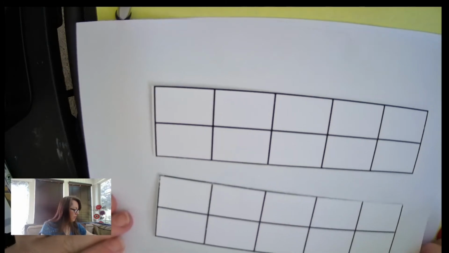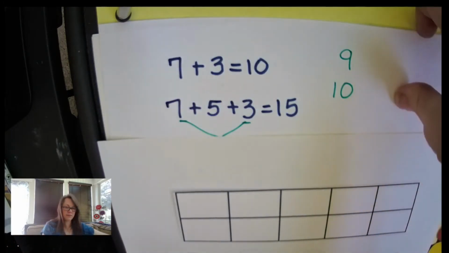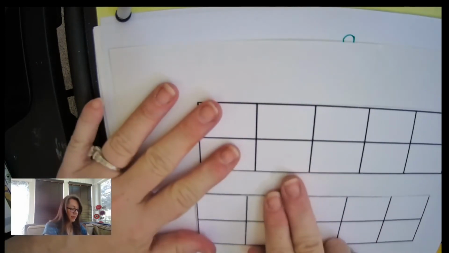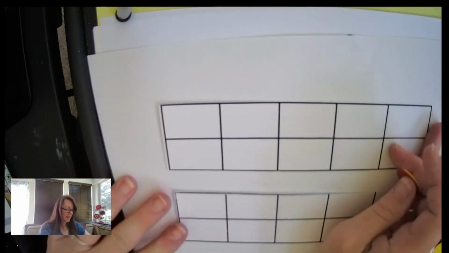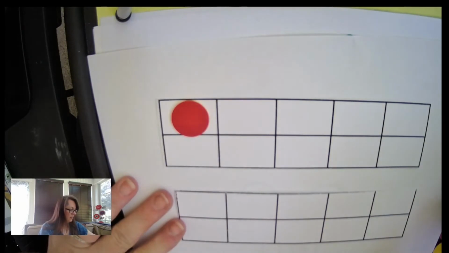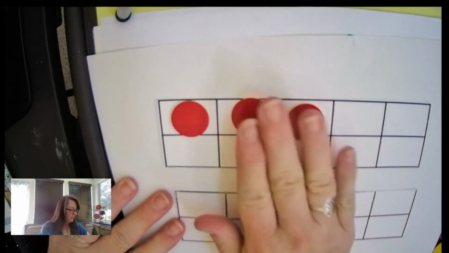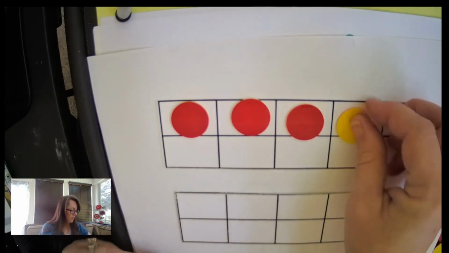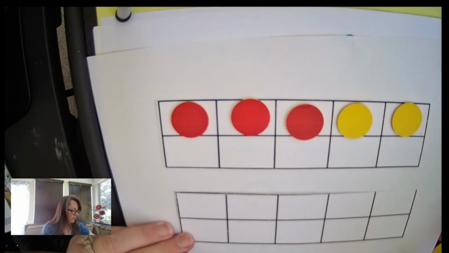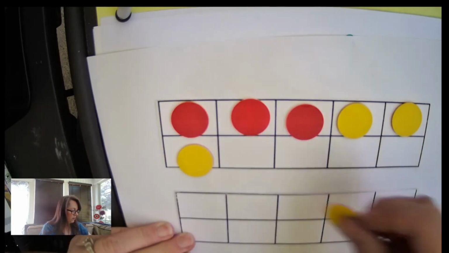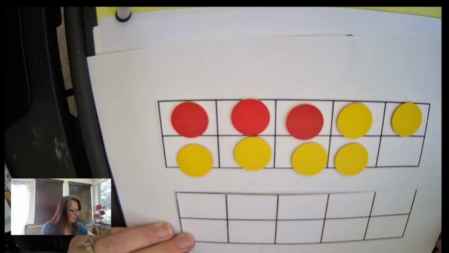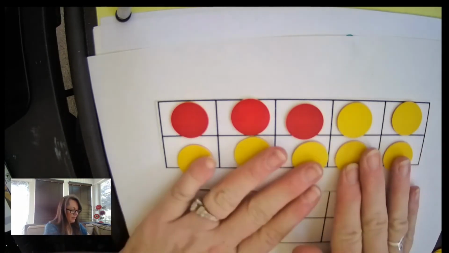So, for that problem, 3 plus 7, 1, 2, 3, plus 7, 1, 2, 3, 4, 5, 6, 7.